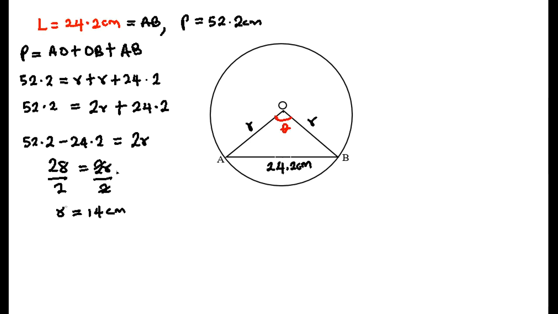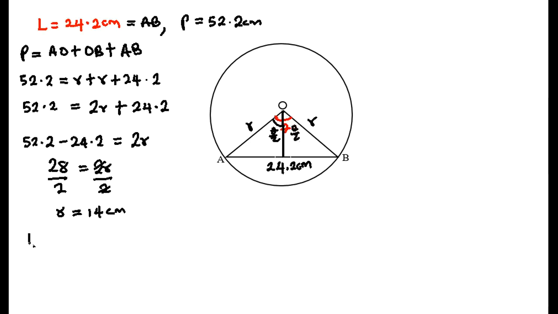Before that, I hope you know that whenever you have a center and a line drawn from the center to bisect the chord, this small portion becomes half of the original angle.